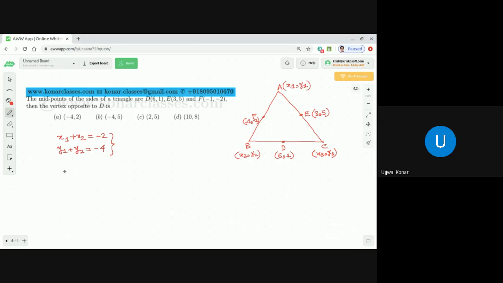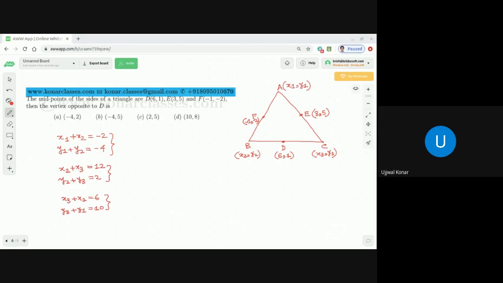Another set will be that x2 plus x3 should be equal to 12, and y2 plus y3 should be 2. That is the second set. And similarly, x3 plus x1 is equal to 6, and y3 plus y1 is equal to 10. So these are the three sets of equations, and we need to find the values of x1, x2, and x3.